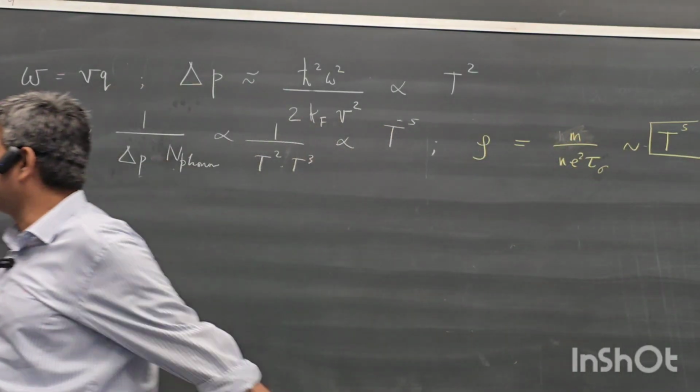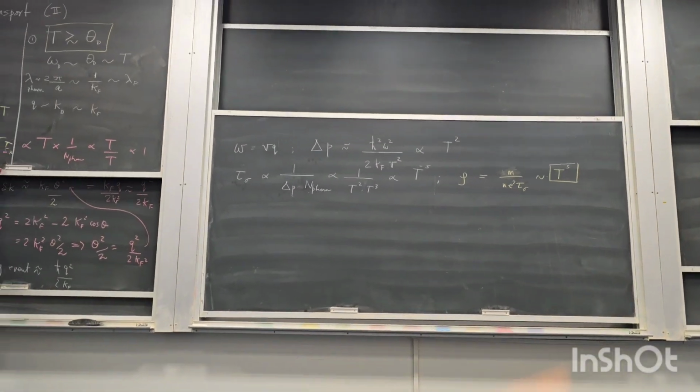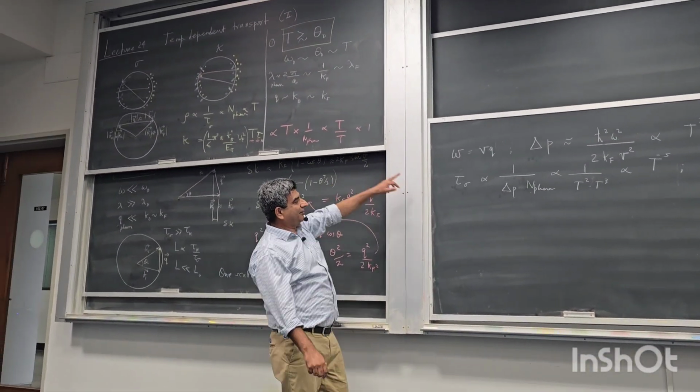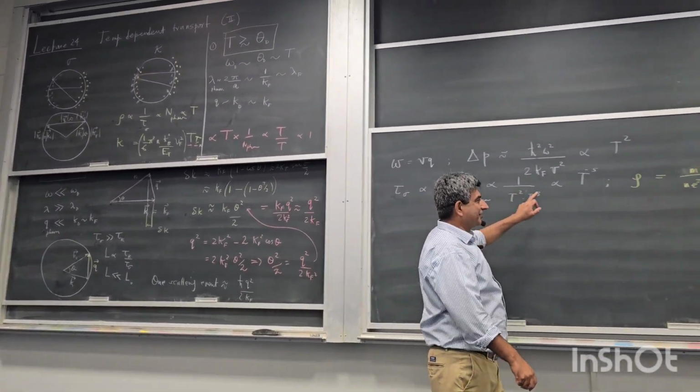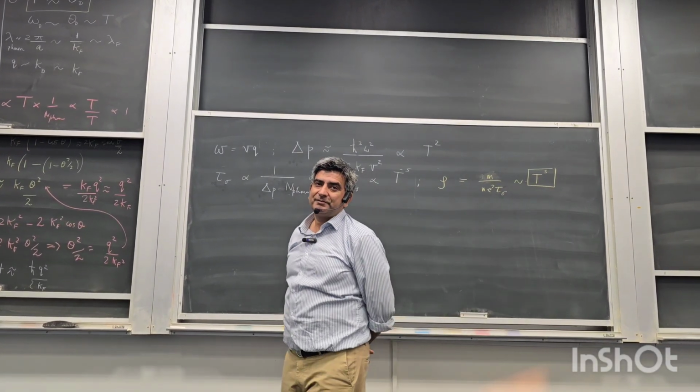So at high temperatures, the electrical resistivity is proportional to the 1st power of temperature, and at low temperatures, this electrical resistivity is proportional to the 5th power of temperature.